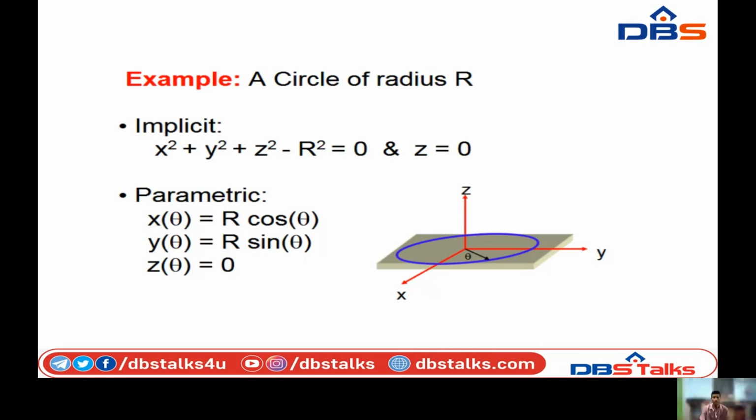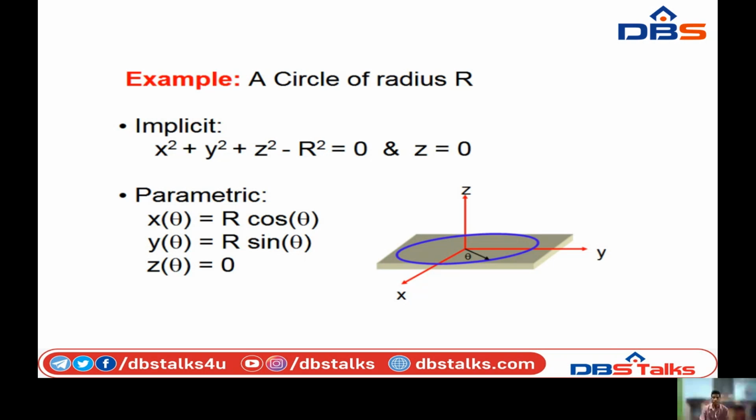First of all, I am calculating the parametric representation: x of theta equal to r cos theta. Why am I writing r cos theta? Because x will be the adjacent side. In trigonometry, we write cos theta when it is the adjacent side. Okay, x of theta equal to r cos theta.